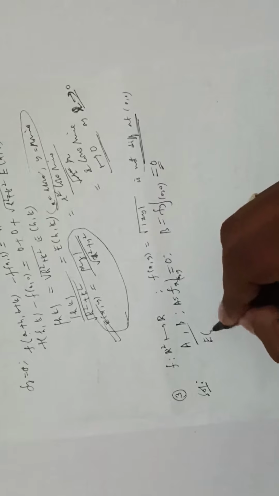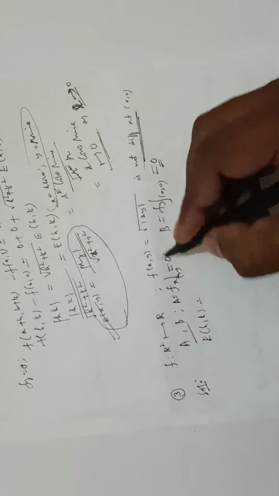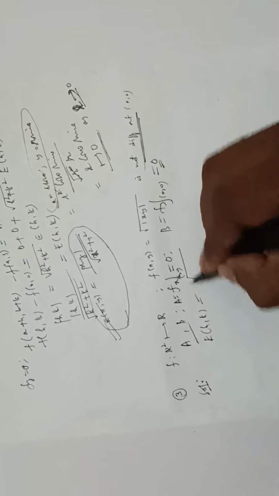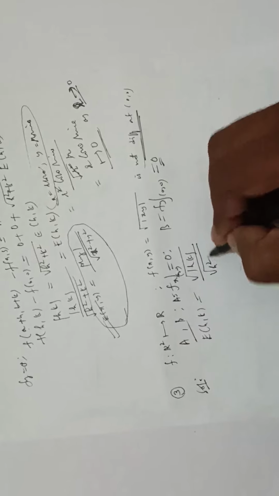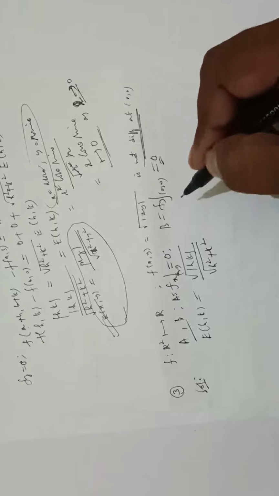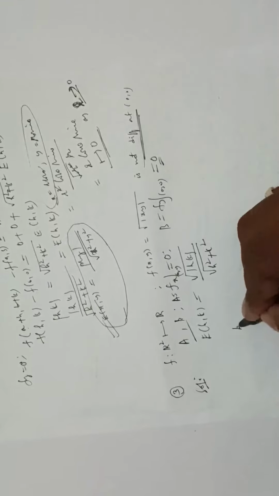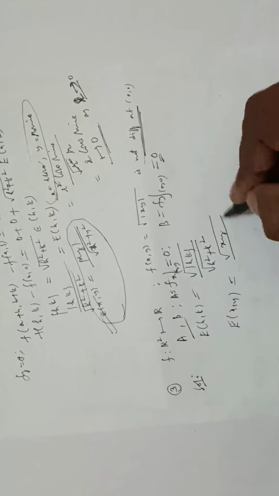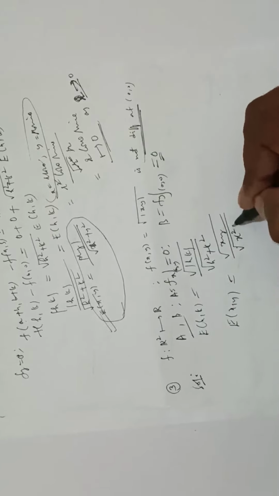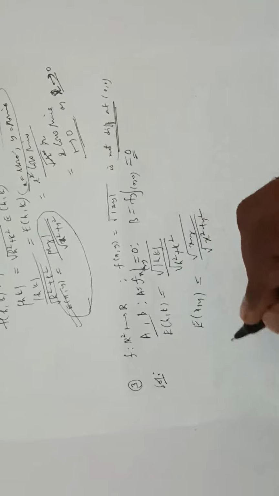So your error function e of h comma k is square root of modulus of hk by square root of h square plus k square, or else e of x comma y equals square root of xy by square root of x square plus y square.